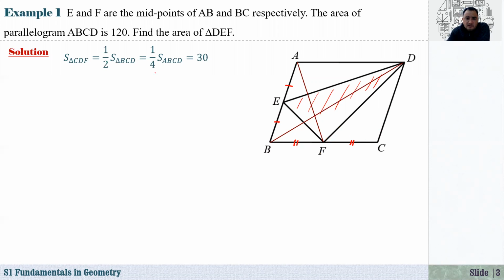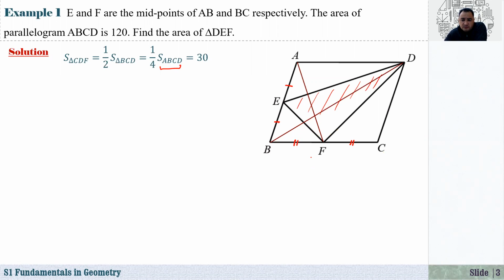The area of the parallelogram is 120, so 120 over 4 is equal to 30. So the area of CDF is equal to 30. At the same time, the area of BFD is also equal to 30. Also, the area of ABF is equal to 30.